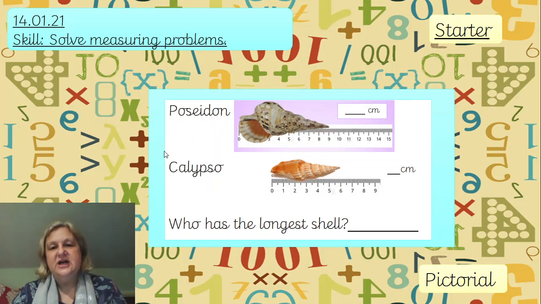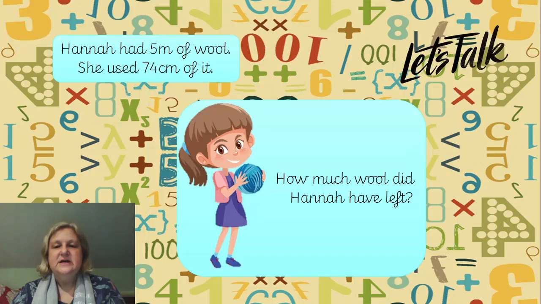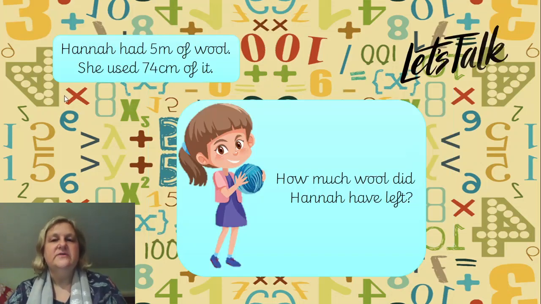Poseidon has got a shell. Calypso has her shell. They're both measuring them. Who has the longest shell? Even though this one's pushed up to that side of the page to put you off, looking at the measurements, that's coming up at 9 centimetres. This one comes up as 6 centimetres, so it's definitely Poseidon who has the longest shell there.